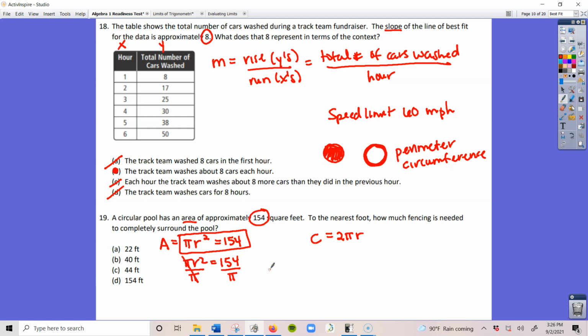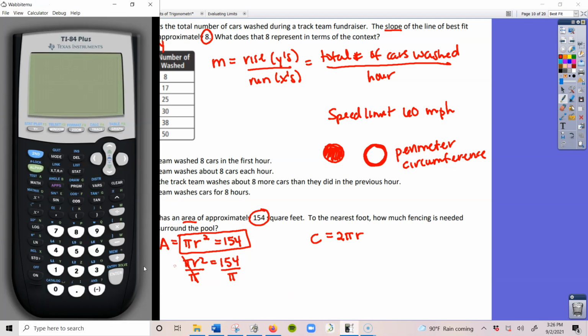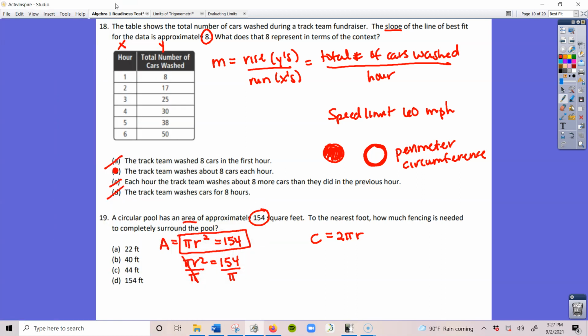Now this would most likely be a calculator question. So I'm going to show you with the calculator what is 154 divided by pi, which we know is approximately 3.14. And I get 49.04, which is approximately 49. So the radius squared is going to equal 49.